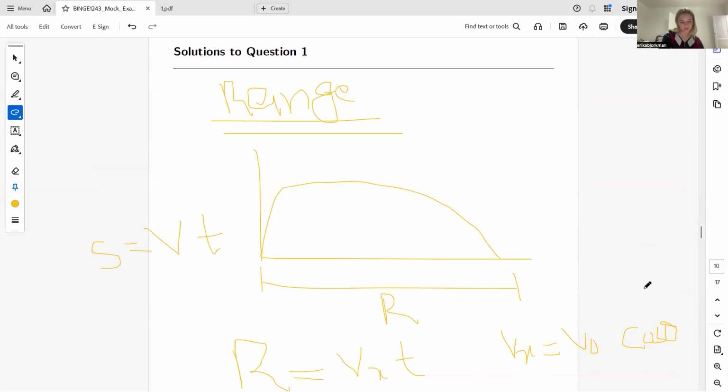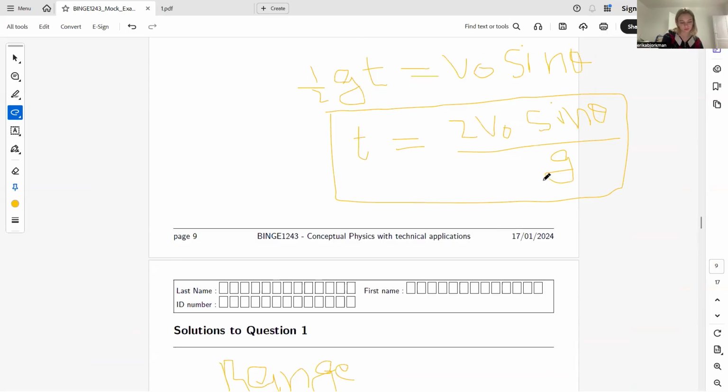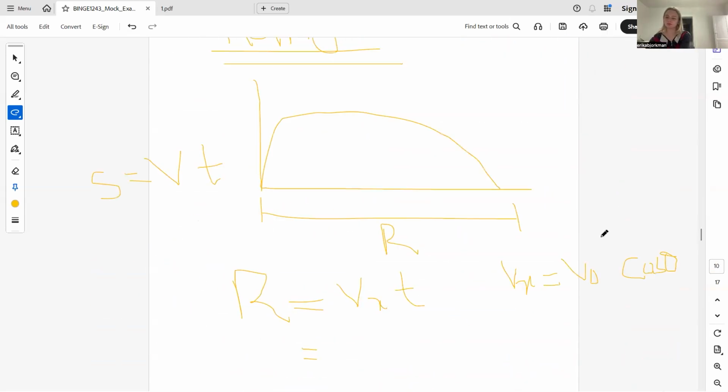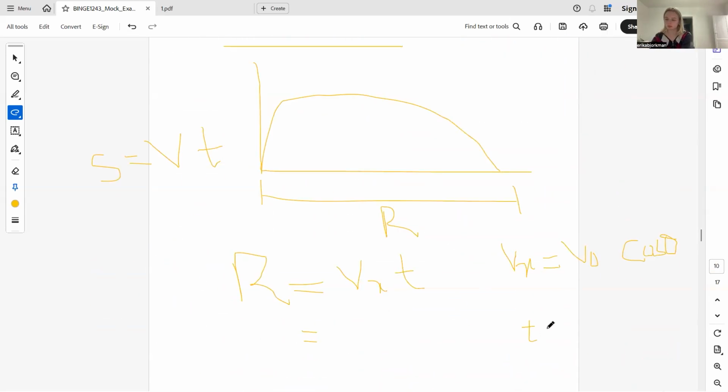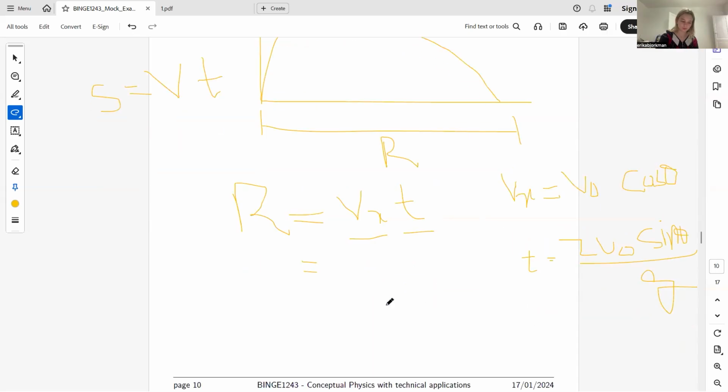And also we have calculated the time of flight, this relation: t is equal to 2 v naught sine theta by g. So you need to put these two values in this equation.